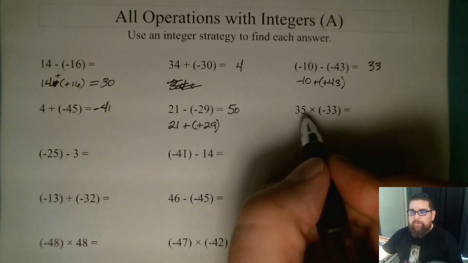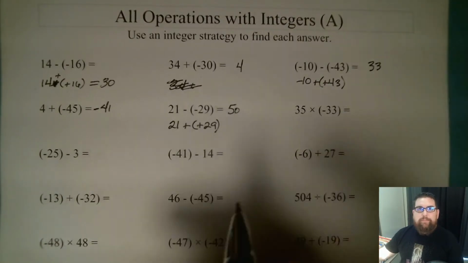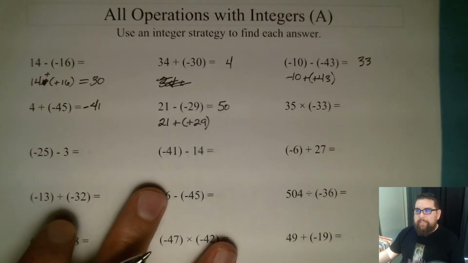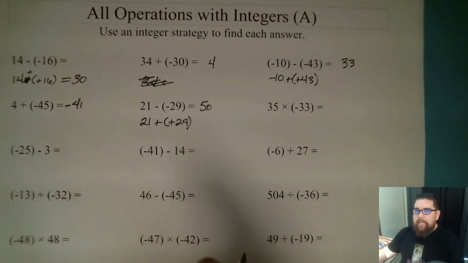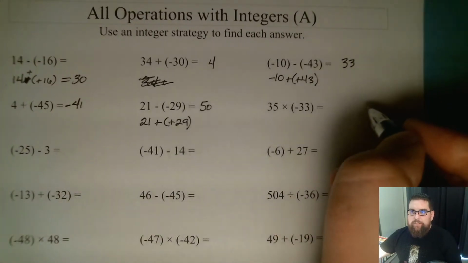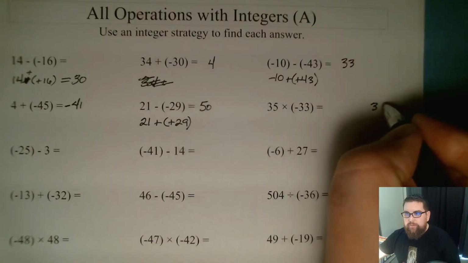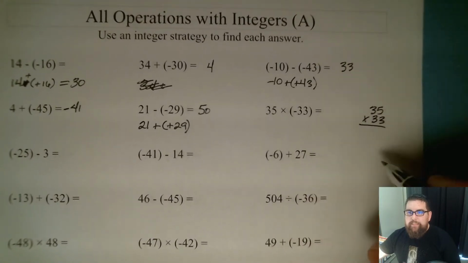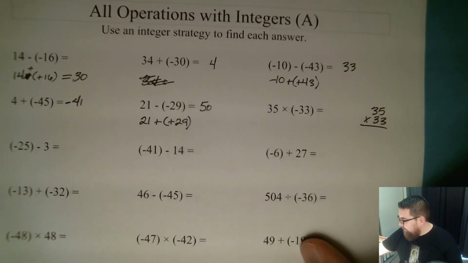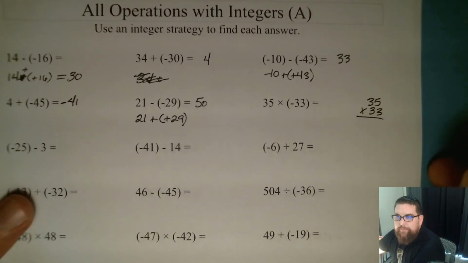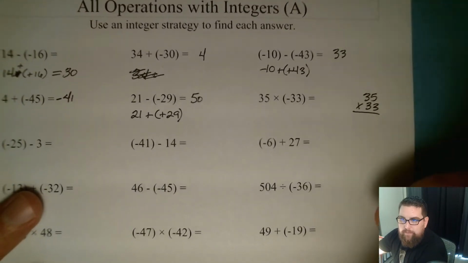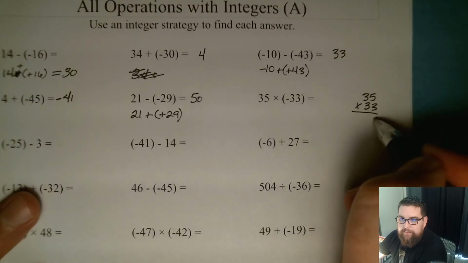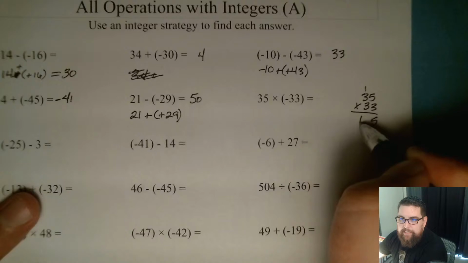Now on this next one, I have 35 times negative 33. Now we've talked a little bit about multiplication and division, so let's get into this. The first step here is we're going to just off to the side do 35 times 33, and I'm going to completely ignore the negative for now. 3 times 5 is 15. Carry the 1. 3 times 3 is 9, plus 1 is 10.